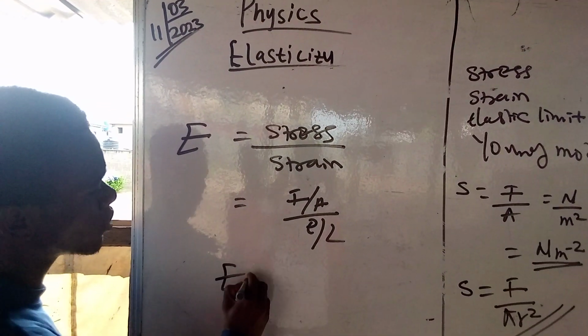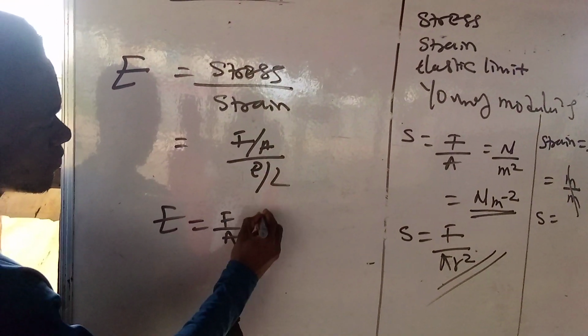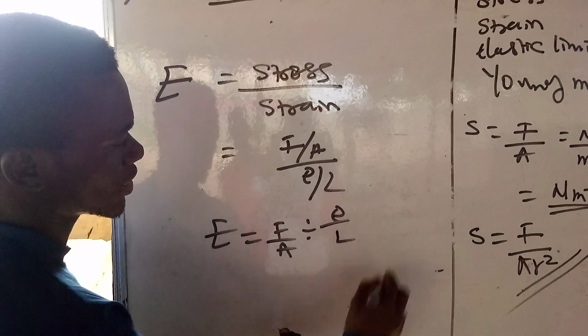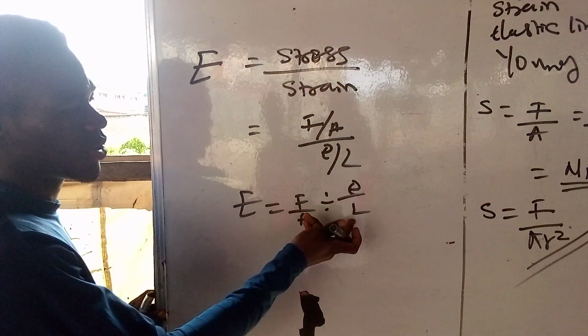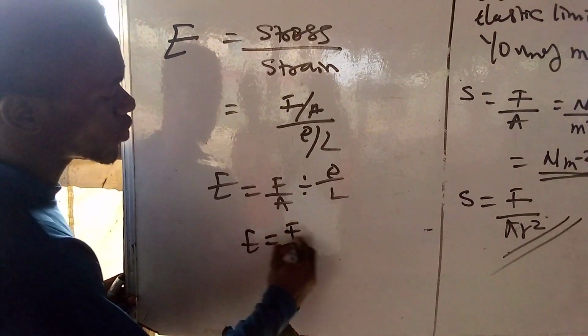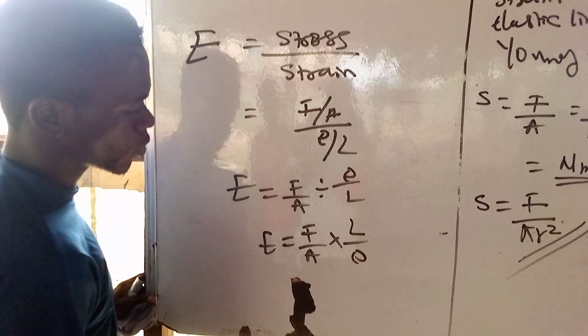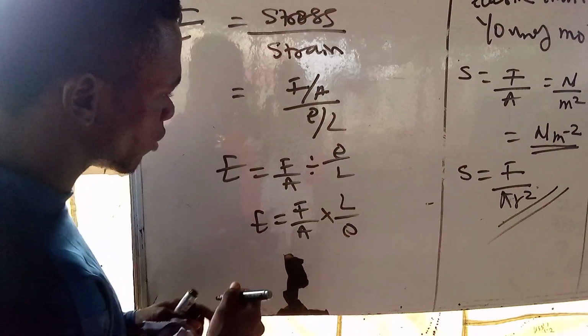So the Young modulus equals force over area divided by extension over length. To change this division to times, we interchange the right-hand side, so the Young modulus equals the force over the area times the length over the extension.